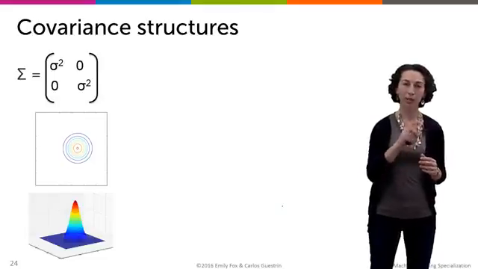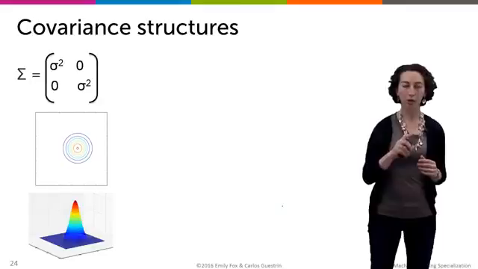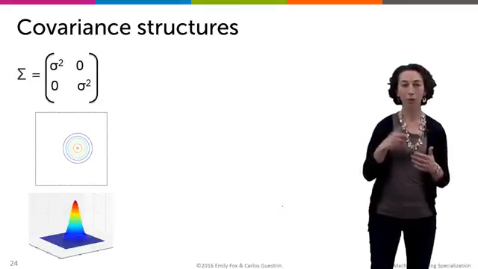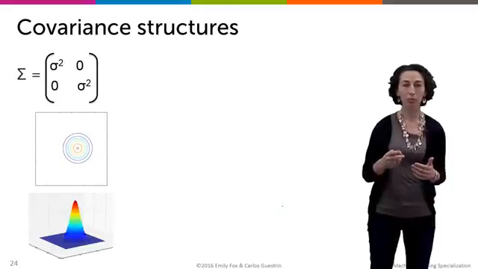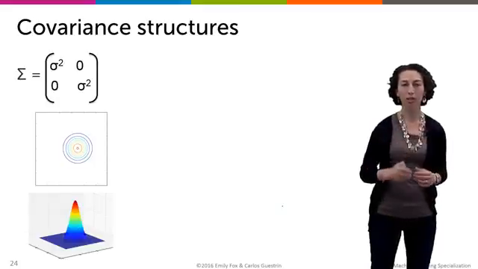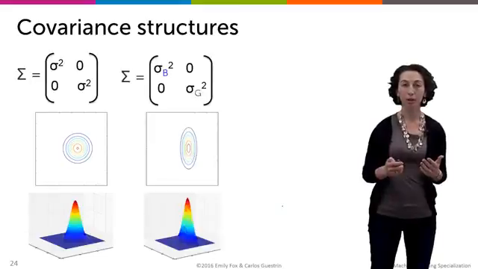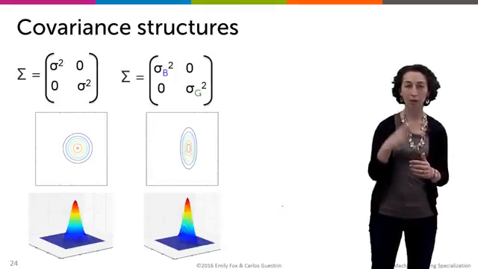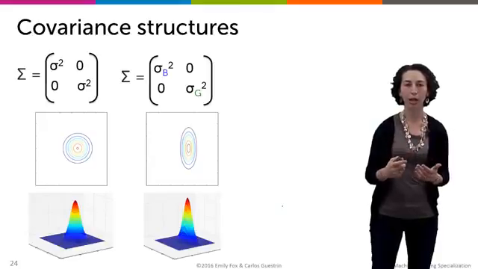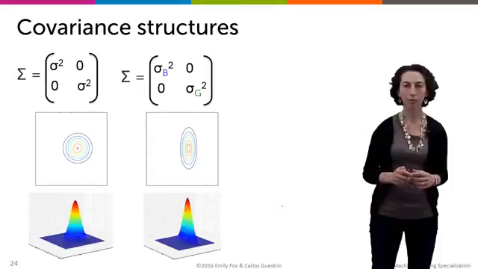And furthermore, by having equal values of the variances along the diagonal, we end up with this circular shape to the distribution, because we're saying that the spread along each of these two dimensions is exactly the same. In contrast, if we were to specify different variances along the diagonal, the spread in each of these dimensions is different, and so we end up with these axis-aligned ellipses.